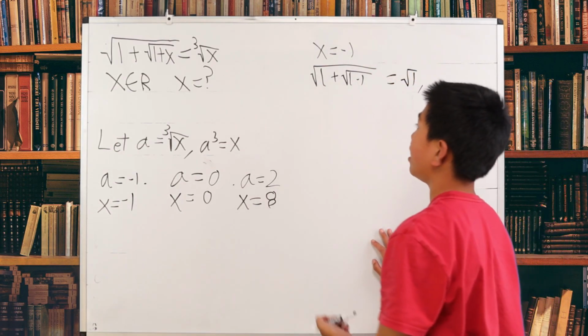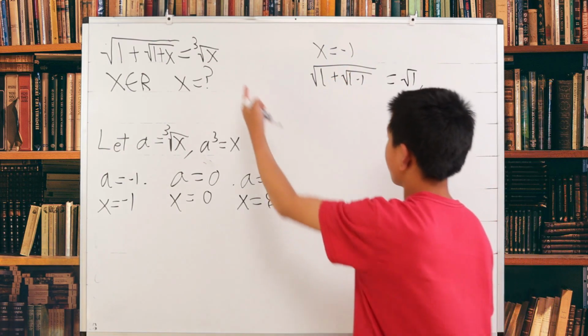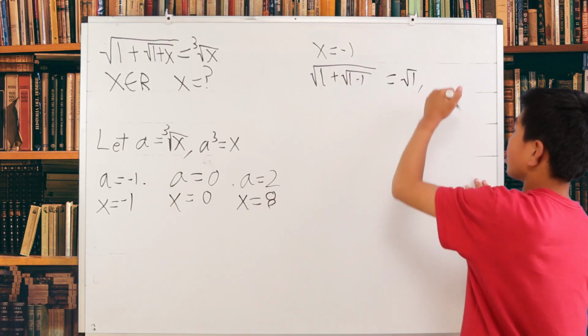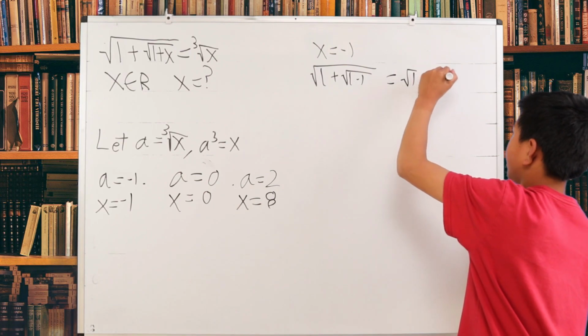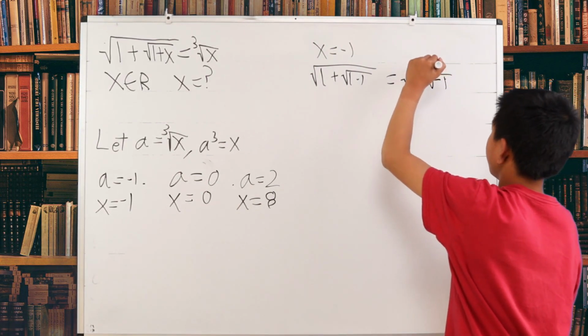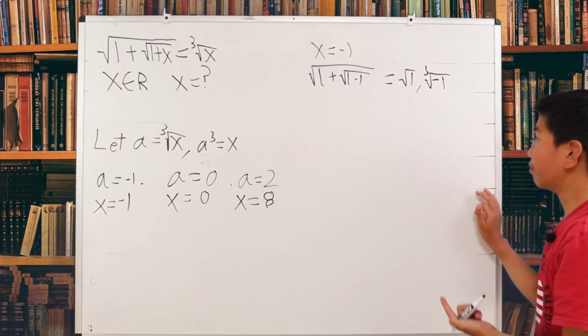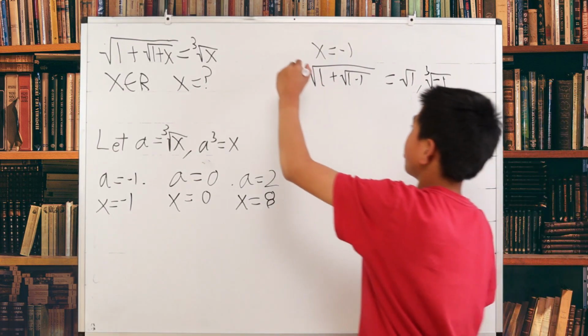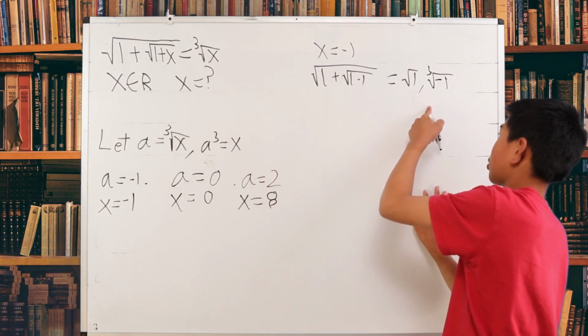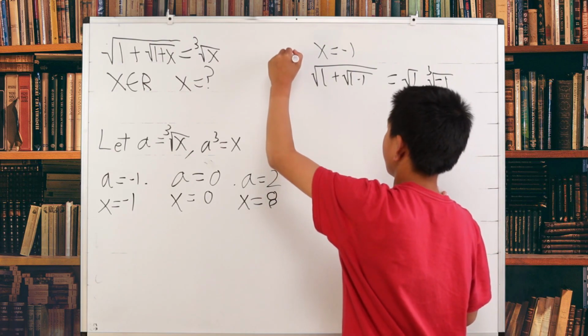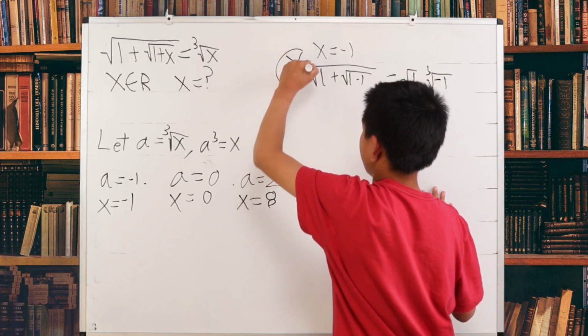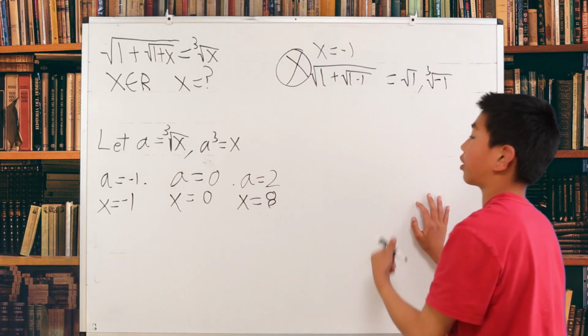But when you plug this value in for the right-hand side, you get the cube root of -1. So these two answers are not equal, so this first solution does not work.